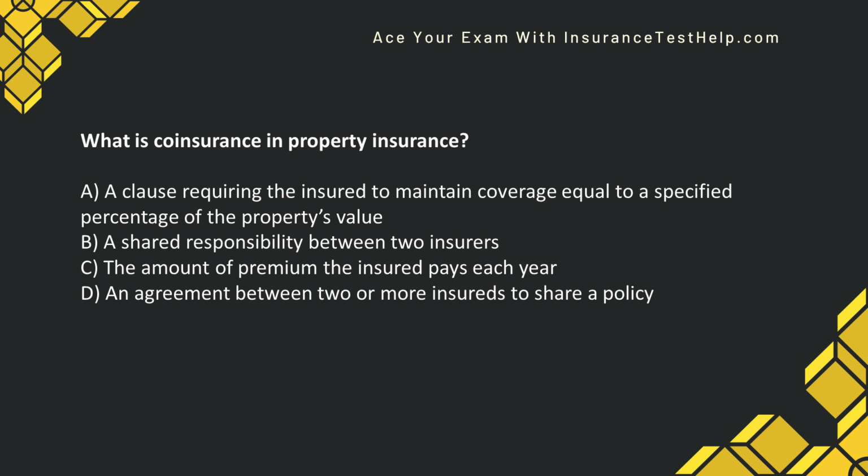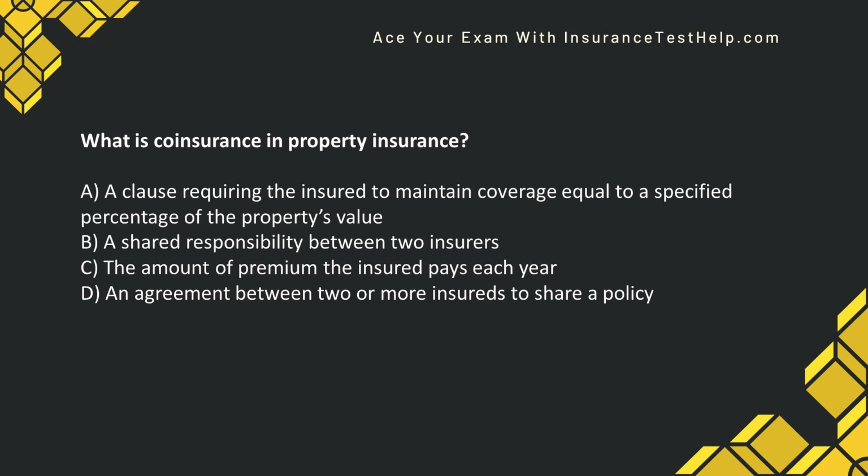What is coinsurance in property insurance? A, a clause requiring the insured to maintain coverage equal to a specified percentage of the property value. B, a shared responsibility between two insurers. C, the amount of premium the insured pays each year. Or D, an agreement between two or more insured to share a policy. So this is one where reading all the questions and all the options is going to help you, because there are a couple here that are possibly ridiculous.